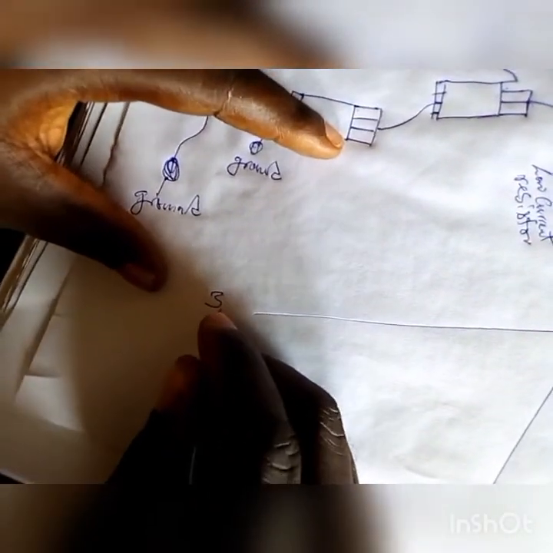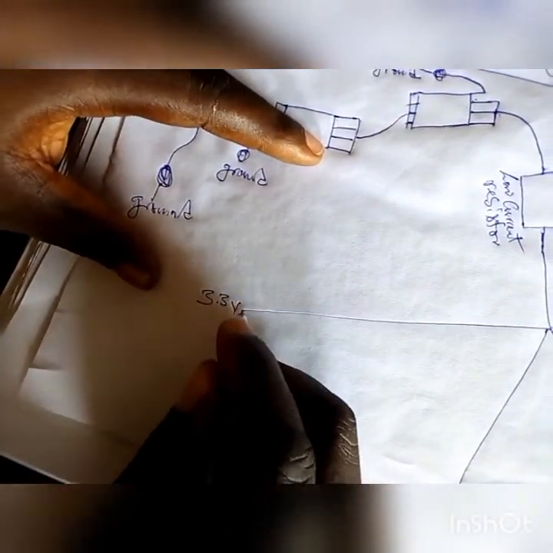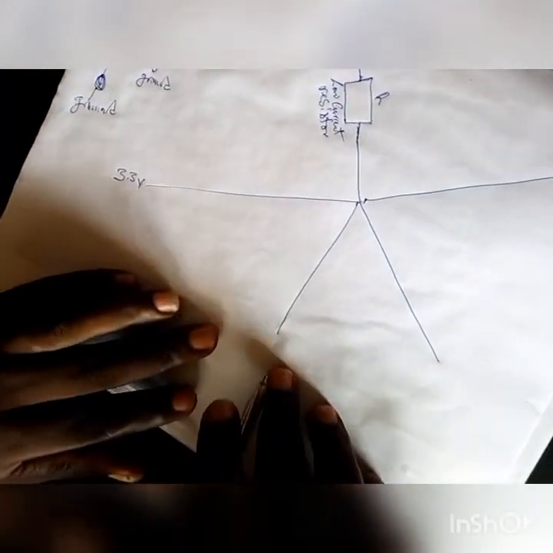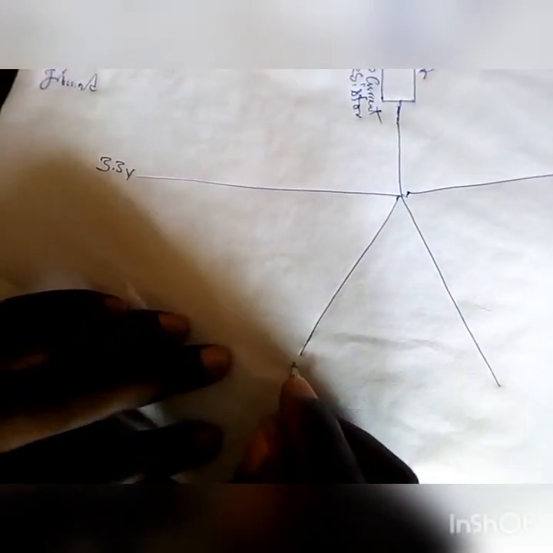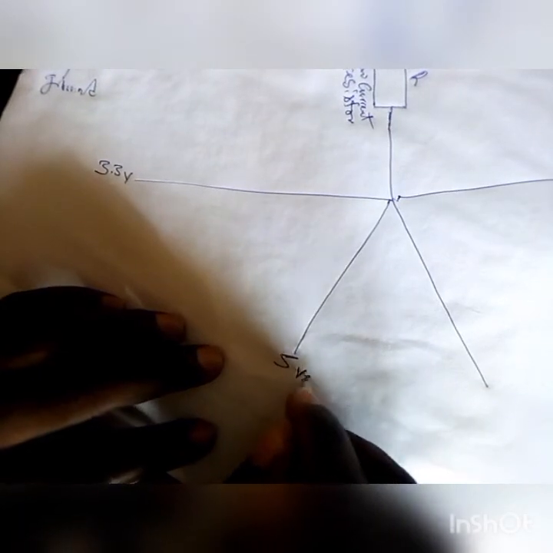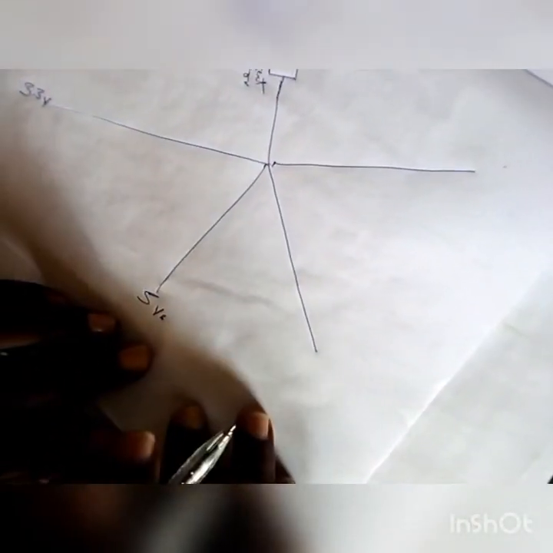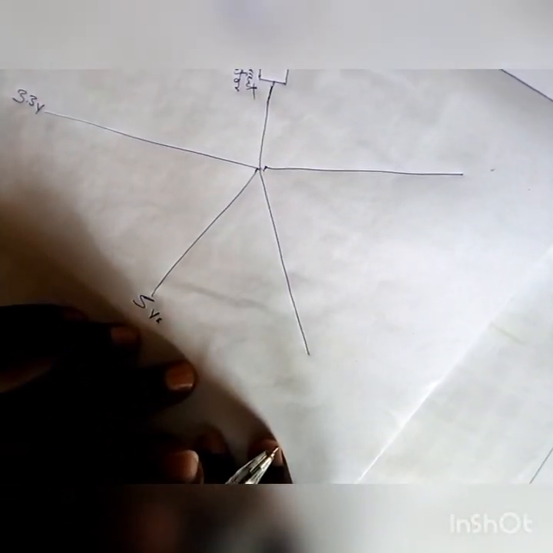From the low current resistor, the voltage now shares into 3.3 volts, which is a switch, and 5 volts, which is speaker USB.